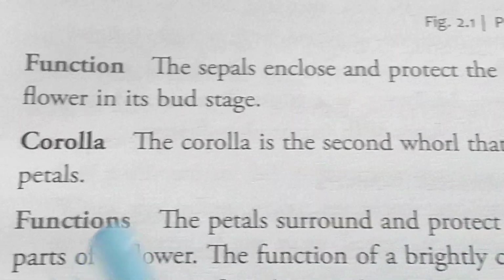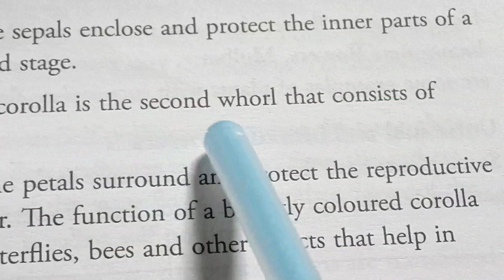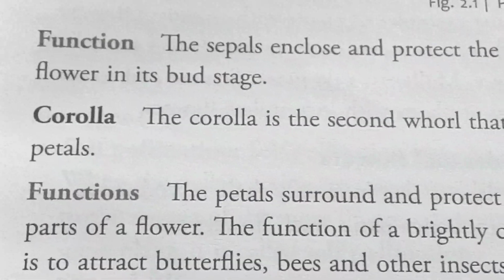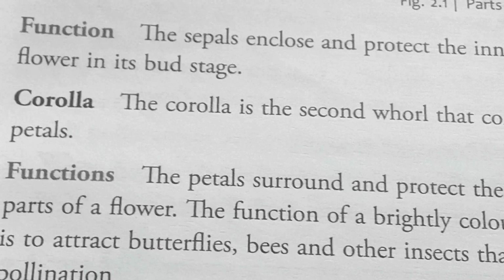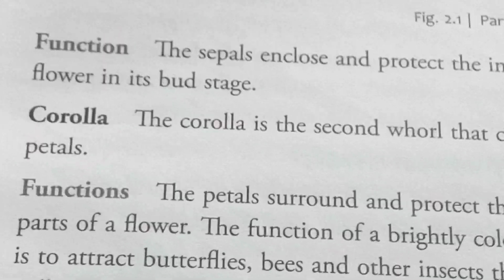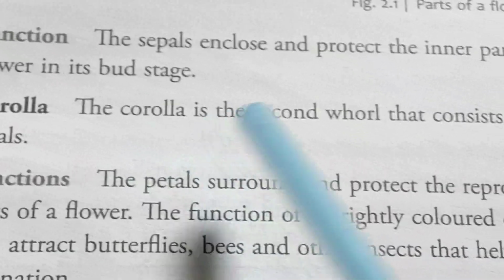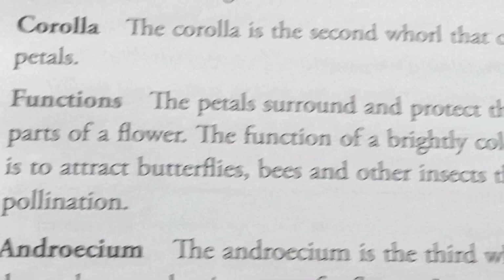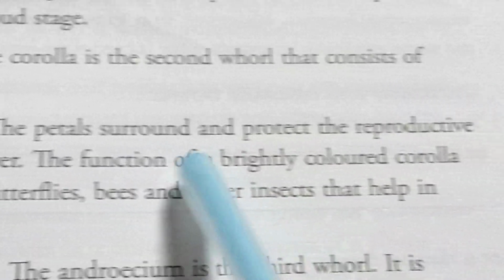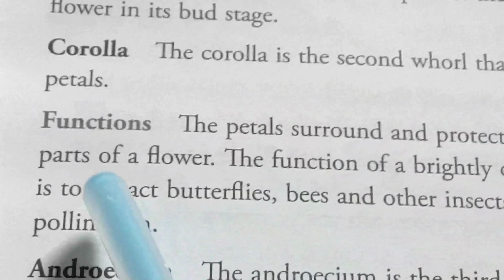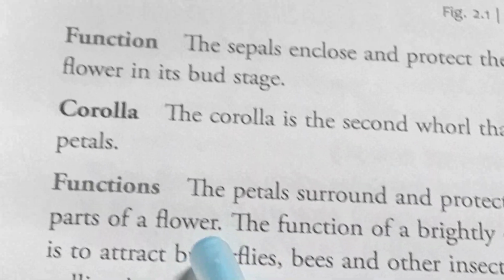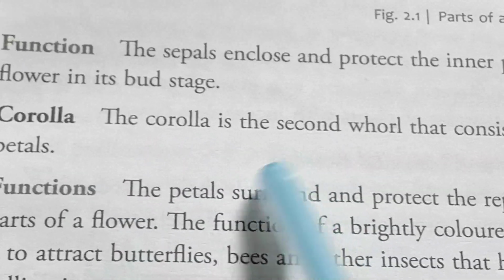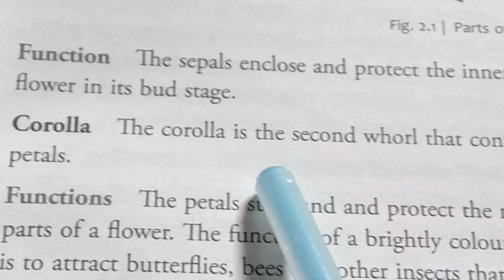Next, corolla. The corolla is the second whorl that consists of petals. Petals are the bright leaf-like structures. Function: the petals surround and protect the reproductive parts of the flower. So what is the main function of the corolla? The corolla is also leaf-like, but these are colorful, brightly colored petals.